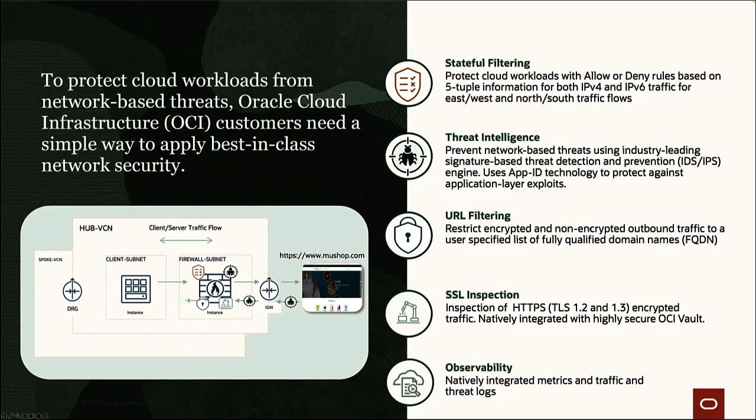URL filtering, where you can restrict traffic access to a specified FQDN. And of course, not to forget the SSL inspection, which means that SSL traffic is decrypted, inspected, and re-encrypted, all done natively. And observability: logs and all the metrics are fully integrated into OCI.